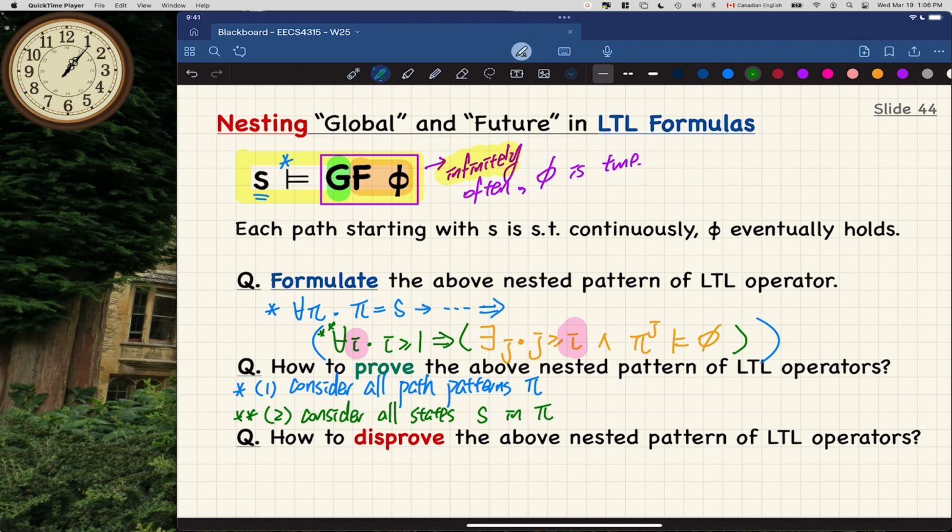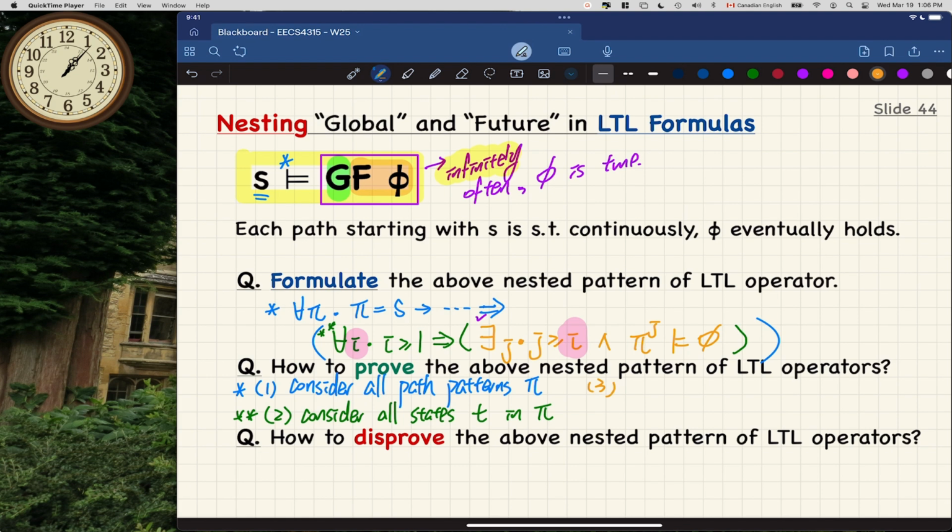Because we already got S over here, it can be a little bit confusing. Why don't I say T, just for the states, to avoid confusion. For all the states T in pi. And then finally, you have to handle this particular existential quantification. That's the last one. You want to find a witness.